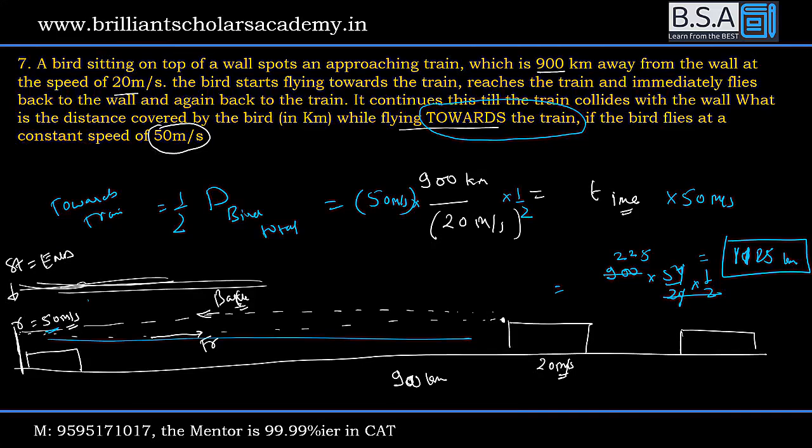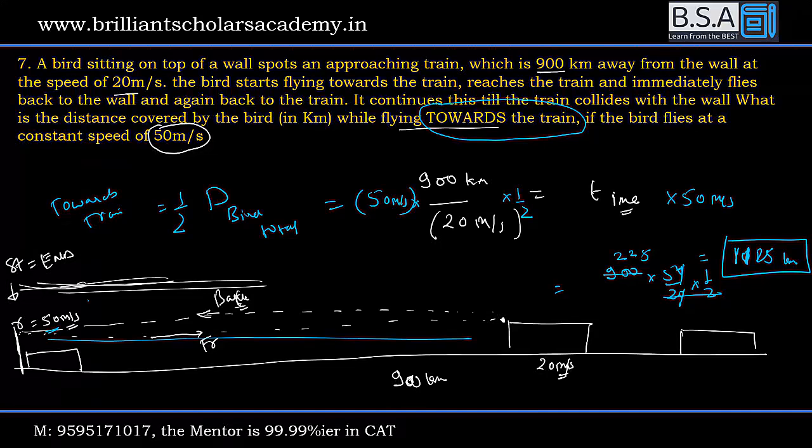See, 900 upon 20 is the amount of time the train will take to reach the wall. Throughout that time, it could be any 10 hours, 20 hours, 30 hours, whatever that time is, the bird keeps on flying at the speed of 50. So that much time into 50 is the total distance traveled by the bird.